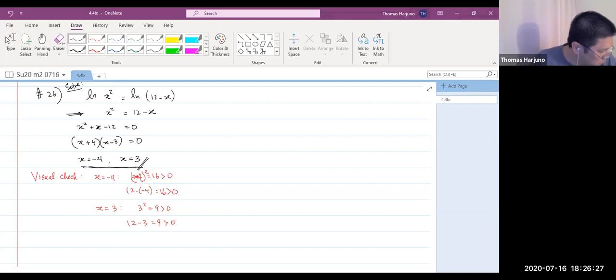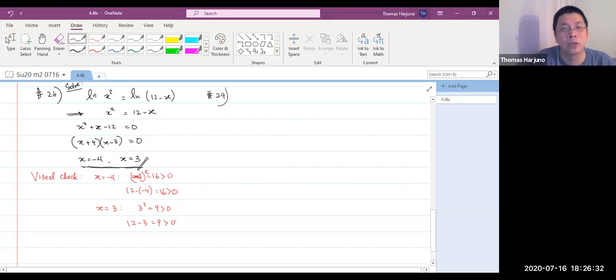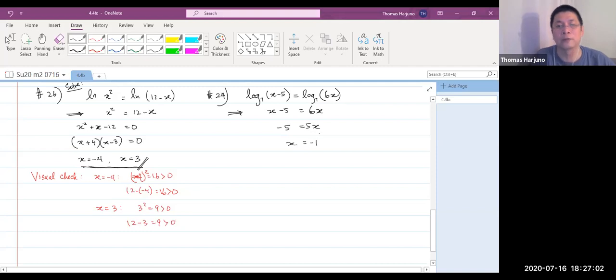For example, number 24. We have log base 7 of x minus 5 equals log base 7 of 6x. By one-to-oneness, x minus 5 equals 6x. So negative 5 equals 5x, x equals negative 1.